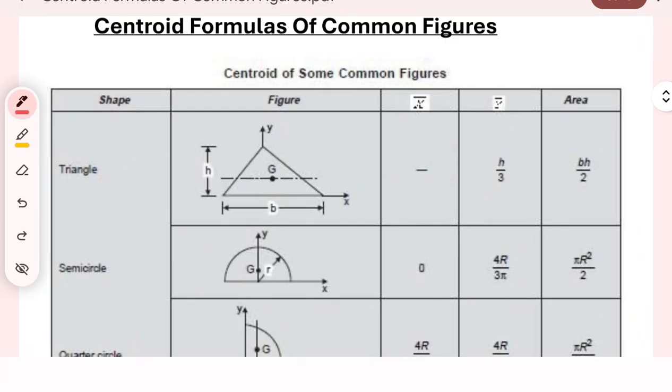So we will just introduce some of the very common figures that you will encounter in solving problems in engineering mechanics. So here are some of the common shapes and their formulas for centroid.